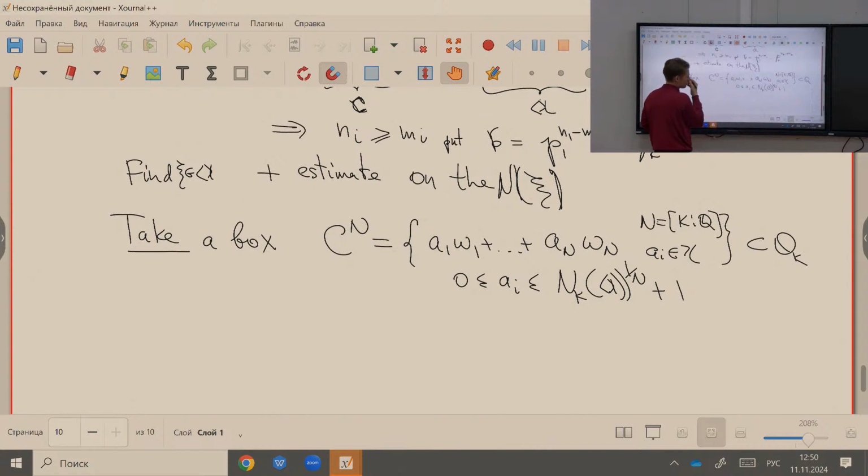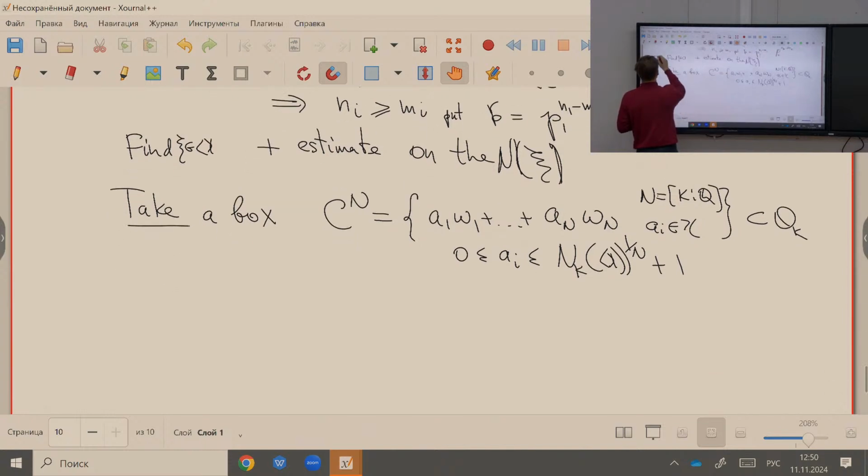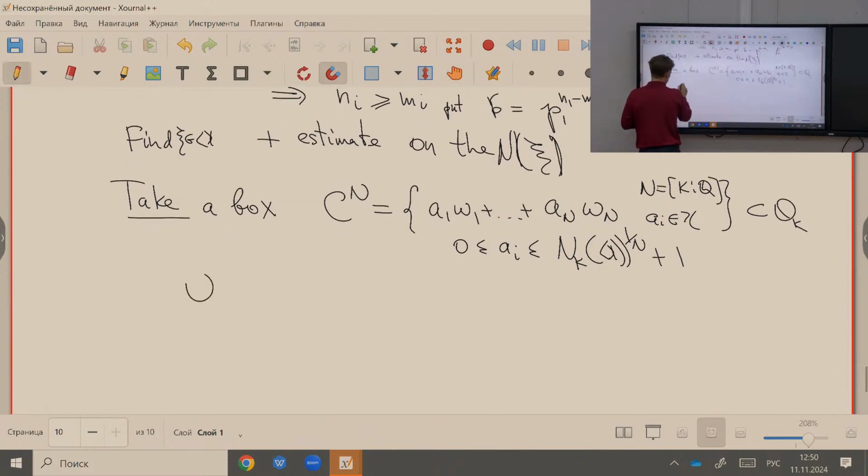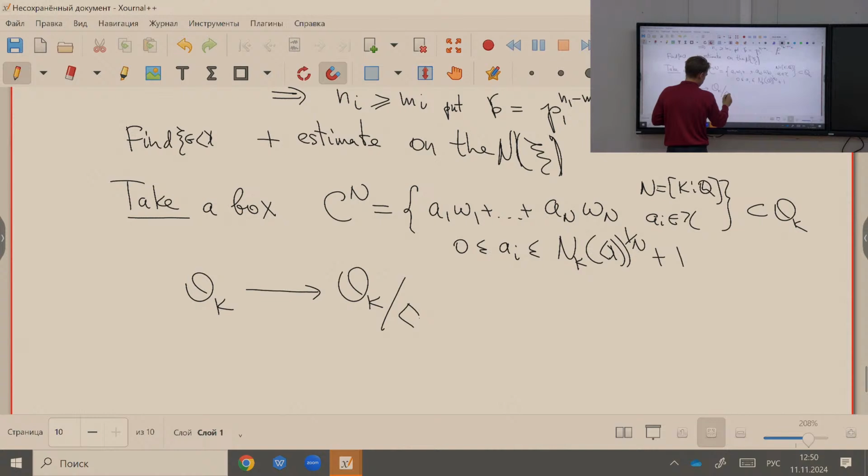Yes, so what we shall have. We claim that, notice that you have O_K, it maps to O_K modulo a. And here we have the box C^n.